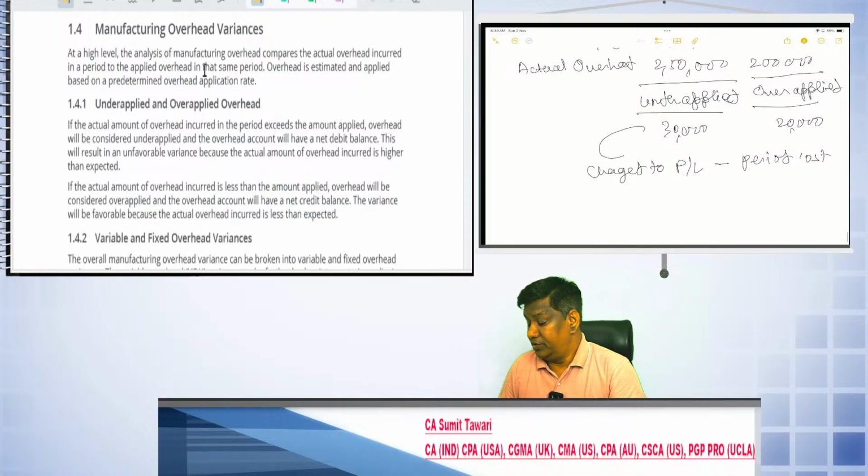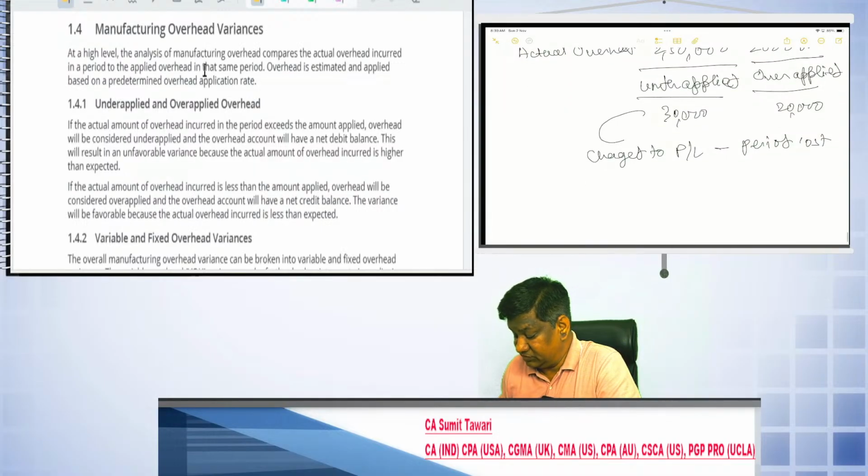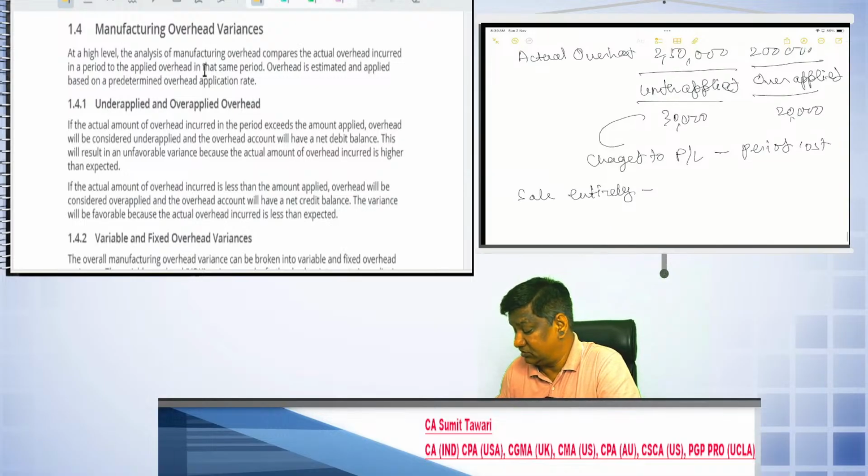Whatever the 2,20,000 we charge to the produced quantity, if it is sold entirely, then there is no issue. I charge here 2,20,000 on product, and the 30,000 as a period cost. So in PNL I charge 2,50,000.